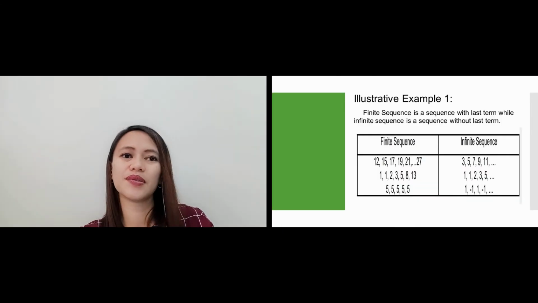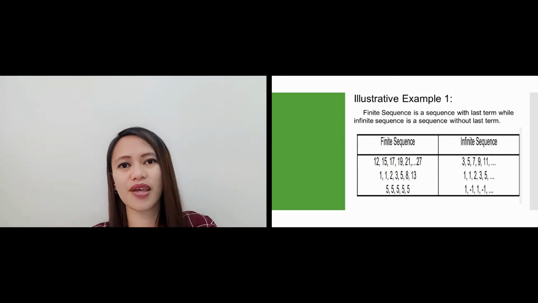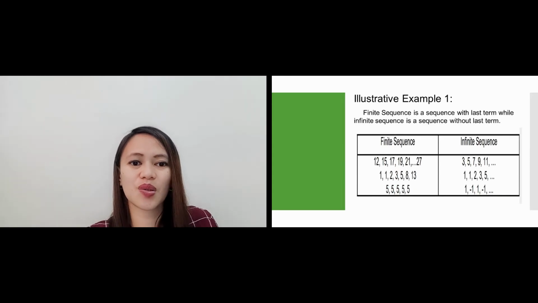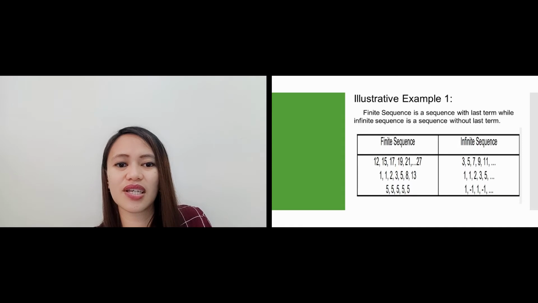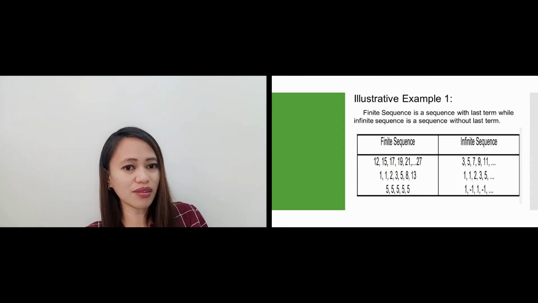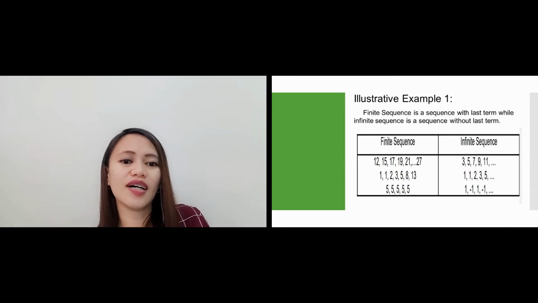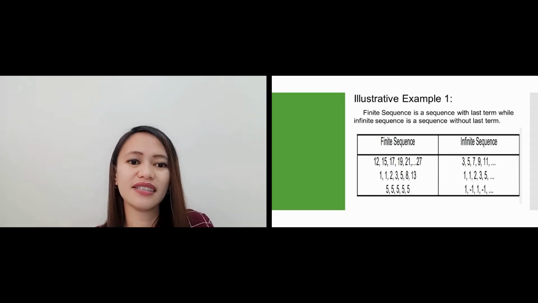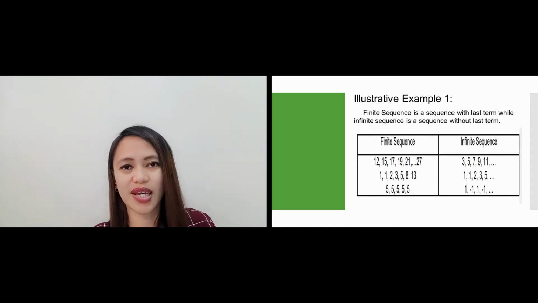Let's have illustrative example 1. So you have there the finite sequence. A finite sequence is a sequence with a last term, while an infinite sequence is a sequence without a last term. So for example, the finite sequences that we have in here: you have 12, 15, 17, 19, 21, up to 27.